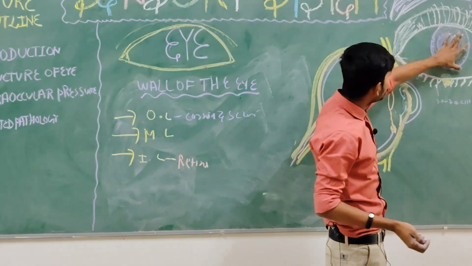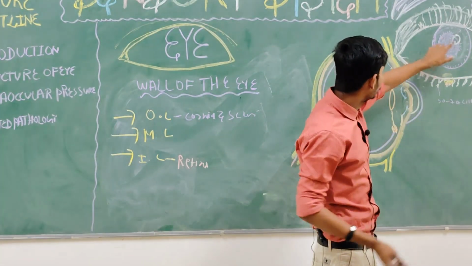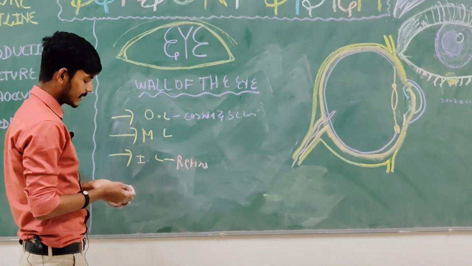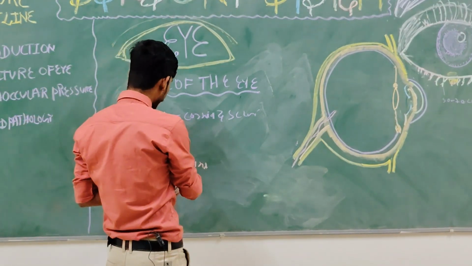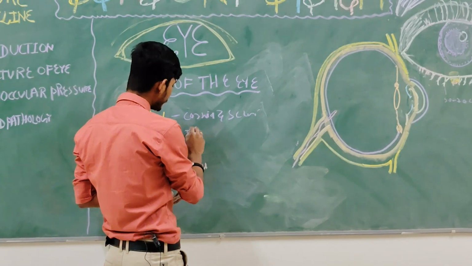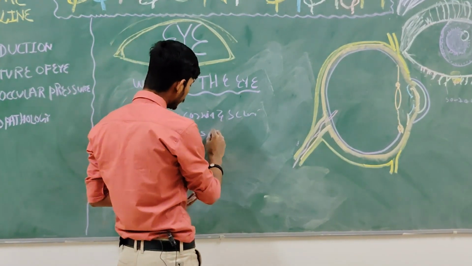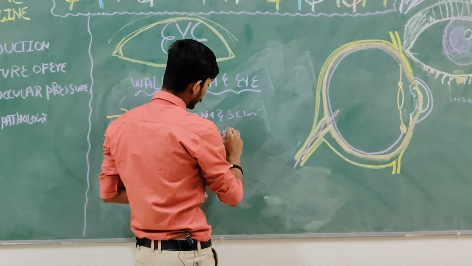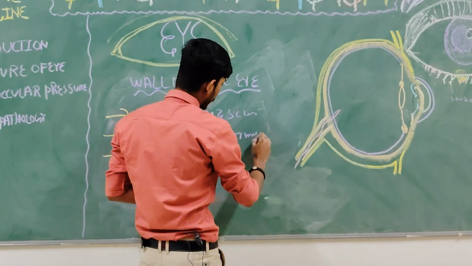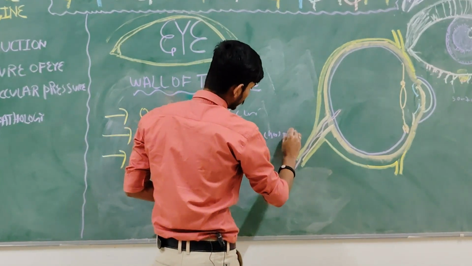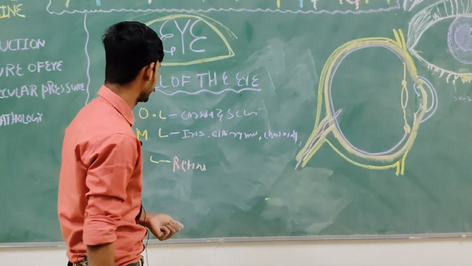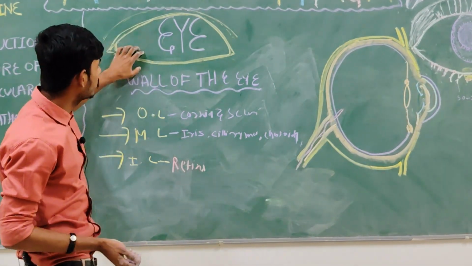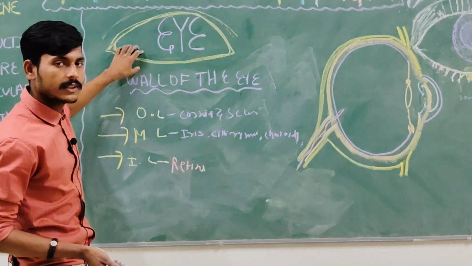The white portion of the eye is your sclera, and the black portion of the eye is the cornea. Then the middle layer consists of the iris, then the ciliary body and choroid. Choroid. Understood?